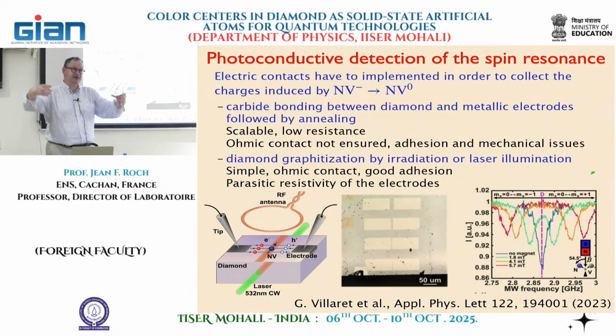You could also imagine one electrode that could be a kind of field effect, something very tiny, and another electrode that would collect all the charge. That's what my colleagues at Thales are currently exploring.